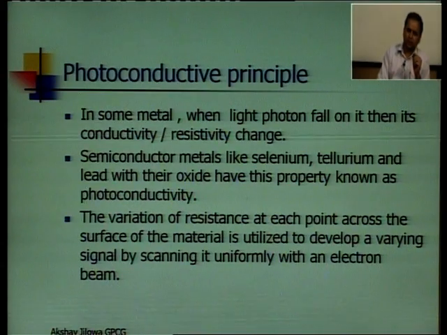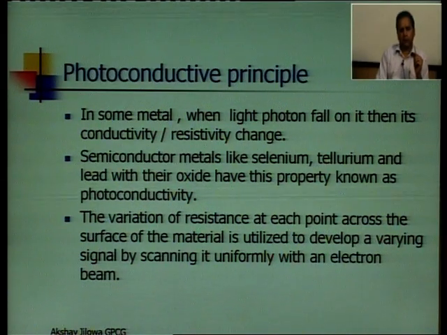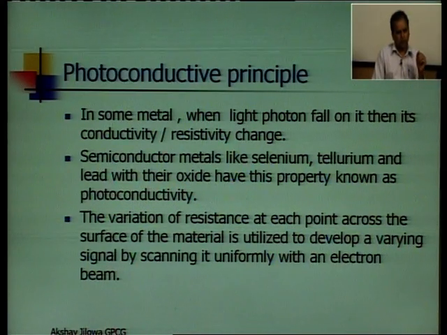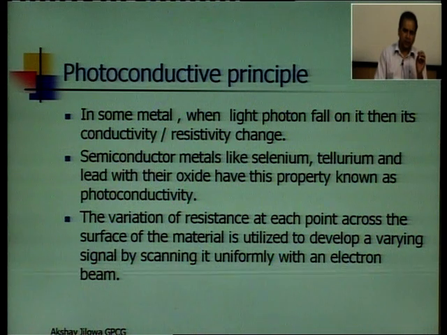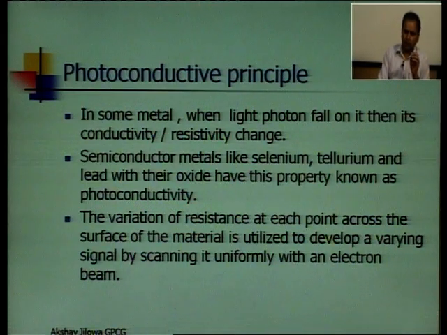Semiconductor metals like selenium, tellurium and lead with their oxides have this property known as photoconductivity. The variation of resistance at each point across the surface of the material is utilized to develop a varying signal by scanning it uniformly with an electron beam.